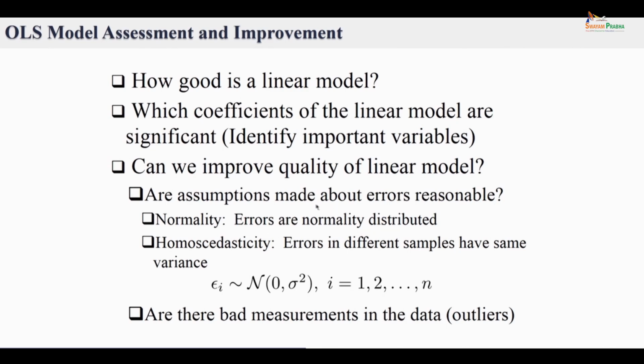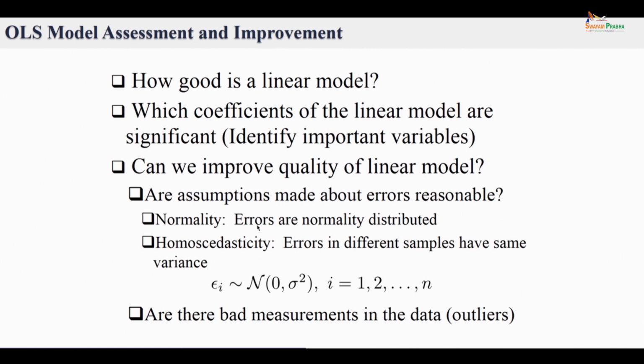Only this assumption can actually justify the choice of the method of least squares. We also assume that the errors in different samples have the same variance. This is called the homoscedasticity assumption. So, we are assuming that the errors in different samples are also having the same variance.